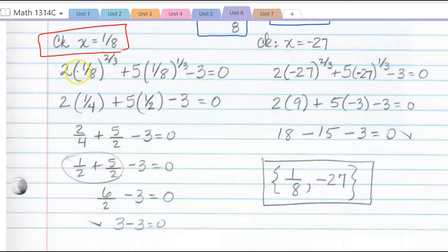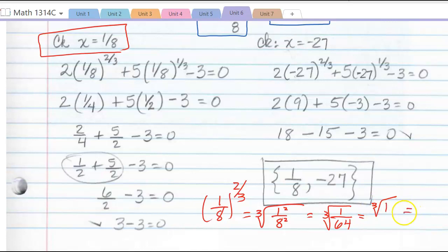So I need to figure out 1/8 to the 2/3. Remember what that means. That means the cube root of 1/8 squared. So I'm going to square the 1 and square the 8. So it's the same thing as 1 over 64. Now I get the cube root of 1, which is 1, and the cube root of 64, which is 4.